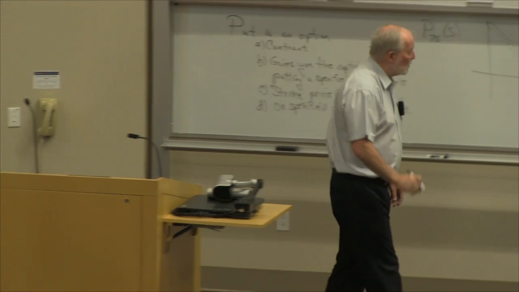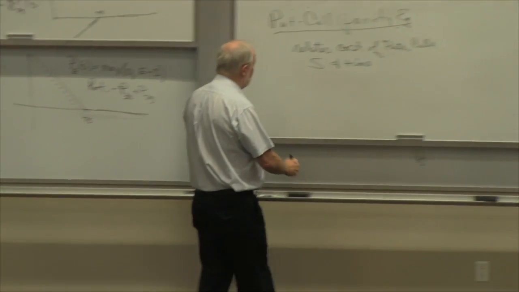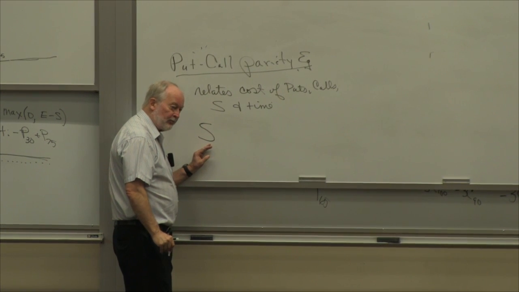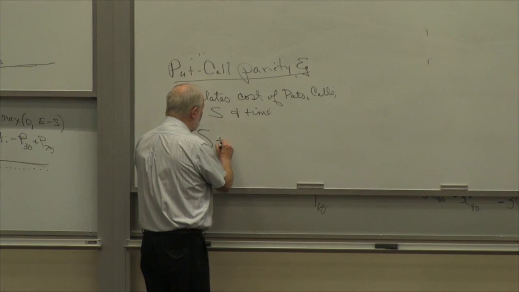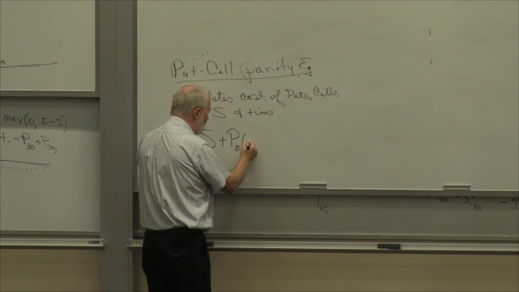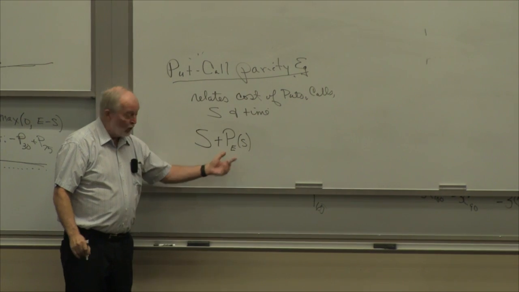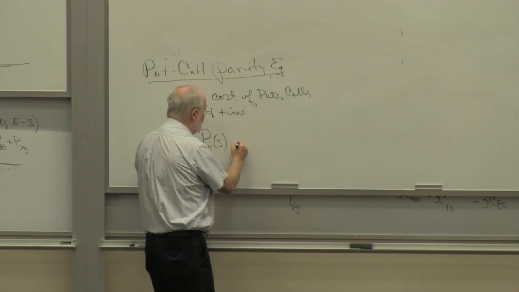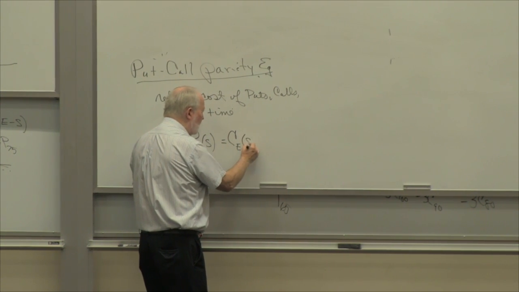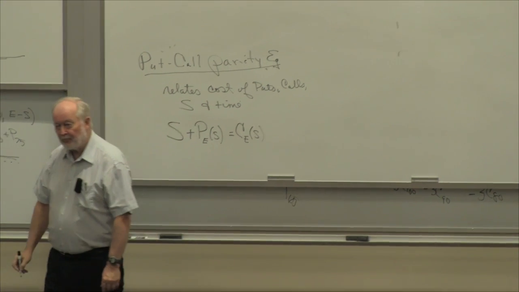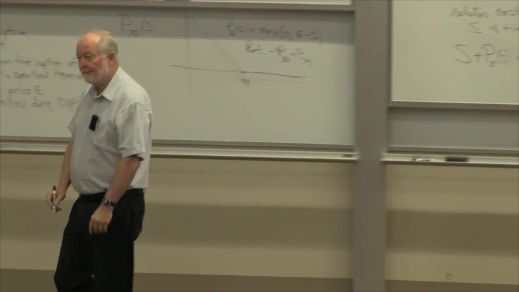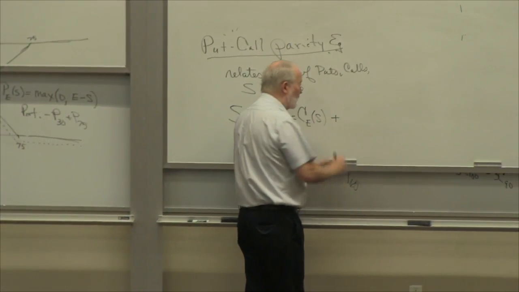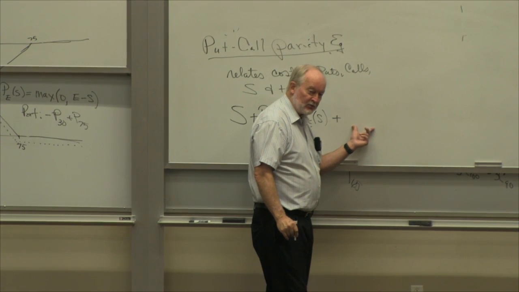So I'll write down part of the equation now, and then we'll get the last part. We'll start there. It is the price of the stock today, right now, at this instant, plus the cost of the put at this instant, is going to equal the cost of the call at this instant, plus... I'm going to write down something and then we'll find out what this means in a few minutes.